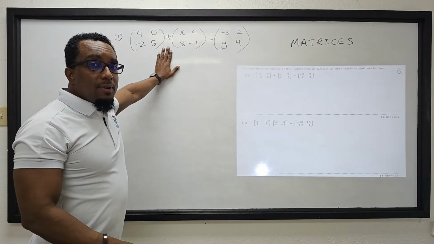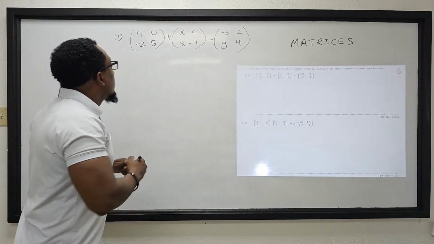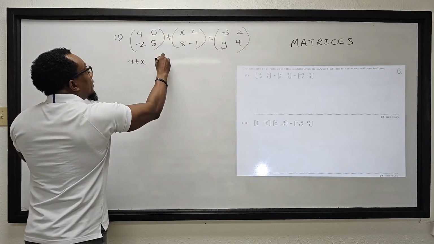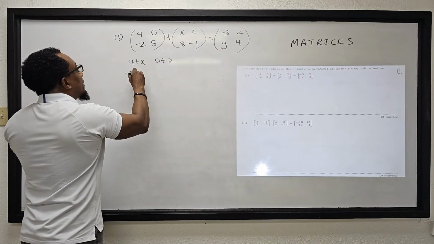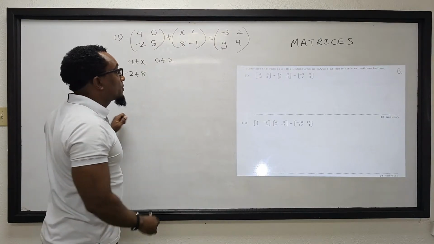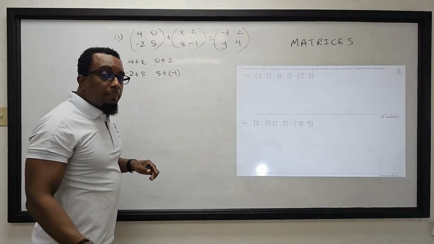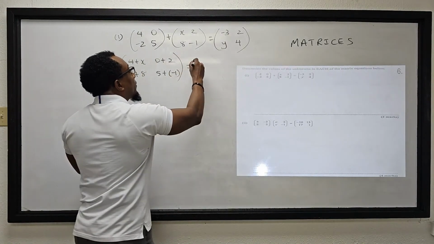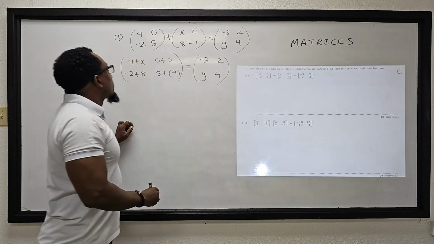We add these two matrices, right? They both have the same order, so you can add them. This is 4 plus x, first plus first, 0 plus 2, second plus second, negative 2 plus 8, third plus third, 5 plus, I'll put negative 1 in brackets to separate the signs, 4 plus 4. That will be equal to negative 3, 2, y, 4.